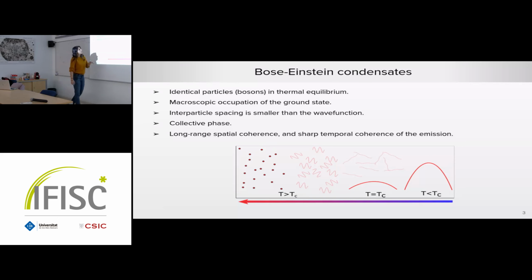Then when you reach some critical temperature, the interspace becomes comparable to the de Broglie wavelengths of these particles, and they overlap. So then you have the collective phase, which is characterized by long-range spatial coherence and a sharp temporal coherence of emission.